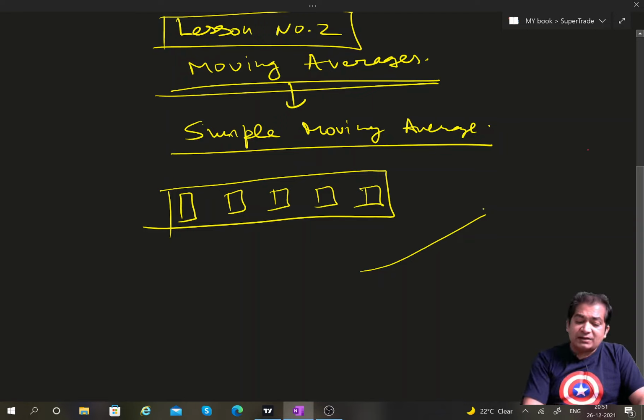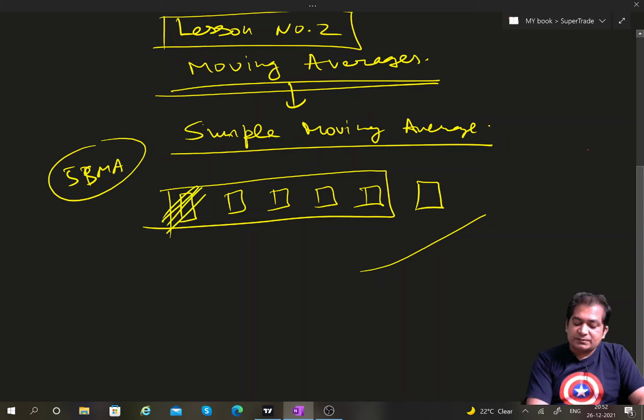Now when a new candle is formed, since you are using a 5-period moving average, a 5 SMA, simple moving average, the previous candle's value is erased, and this moving average line will change, taking into consideration the price of the new candle, because this is the 5th candle now.